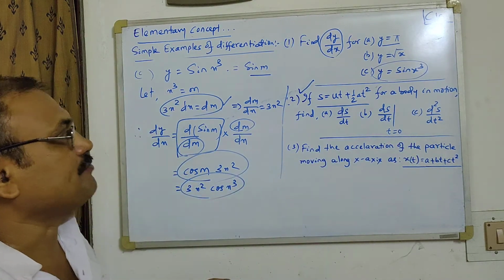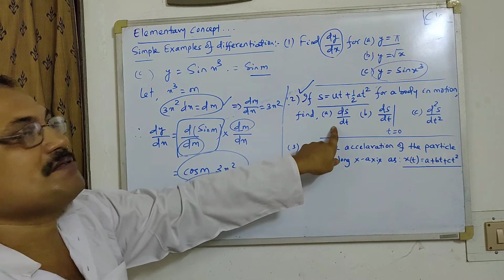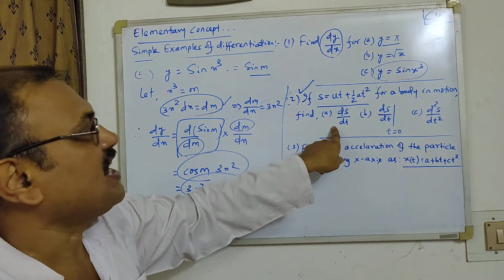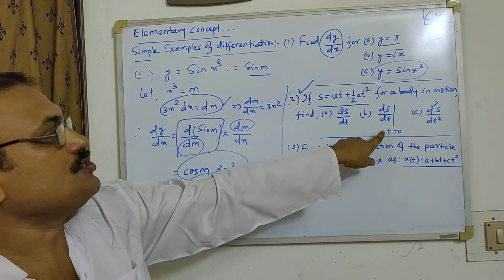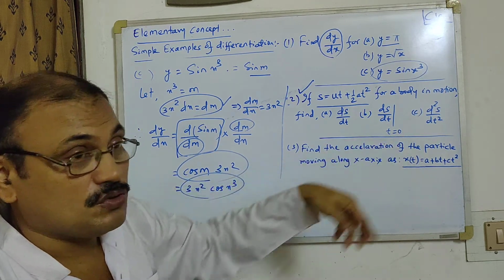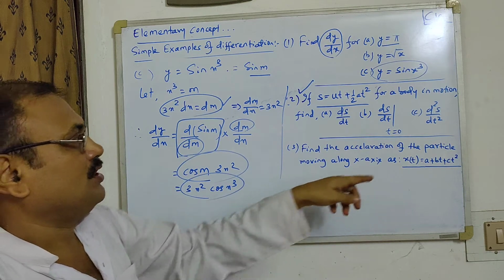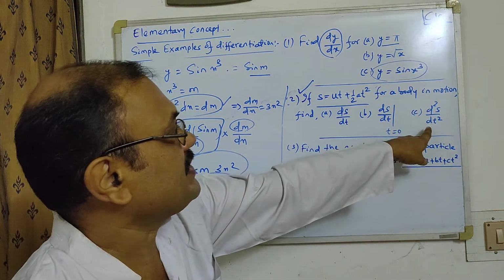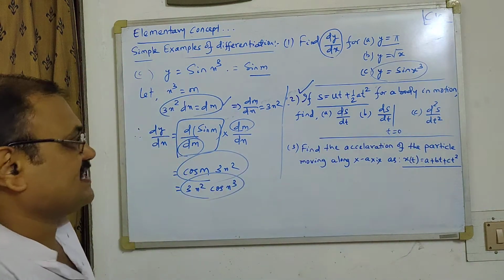These values we can find out, and we can check that ds by dt is nothing but the velocity, and ds by dt at t equal to 0 is nothing but the initial velocity with which the body starts the motion, and d square s by dt square is the acceleration.